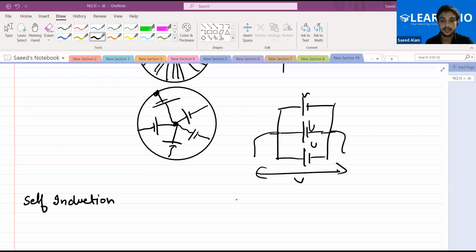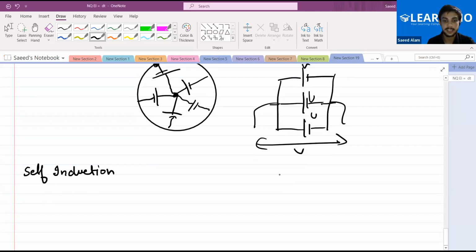Okay, so self-induction is first of all linked with the inductor. Let me draw an inductor here. It is a circular coil, somewhat like this.